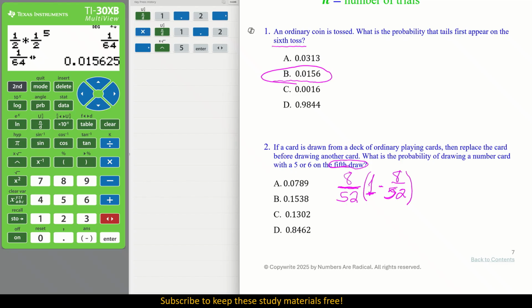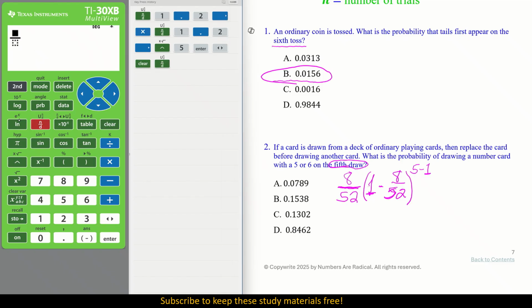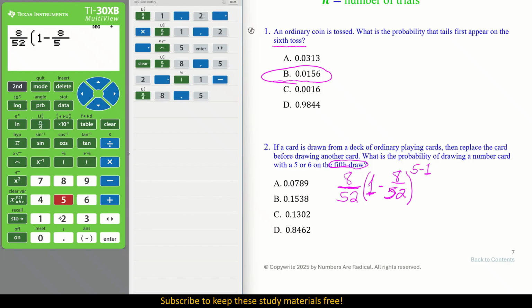We're not worried about success or failure with this number, but that would be 5 minus 1, which is 4. Okay, let's clear this out, set up our fraction, and we have 8 over 52. And I'm going to use my parentheses to say 1 minus my fraction of 8 over the 52. Okay, now we need to subtract 5 minus 1, so that's caret up 4.